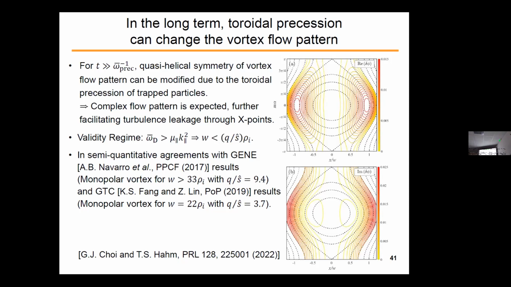So if you look at the really long-term, slow time scale of the inverse of the toroidal precession of trapped particles, the precession can basically modify the vortex flow evolution, and the simple and nice vortex flow structure gets modified, and we get a somewhat messy profile of vortexes becoming partially dipolar.